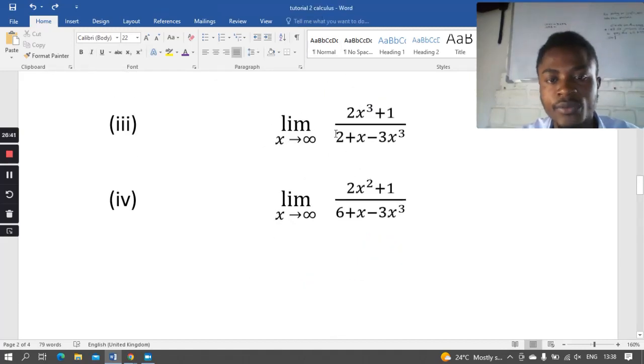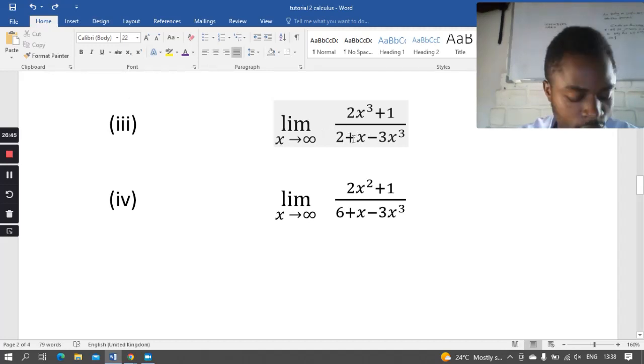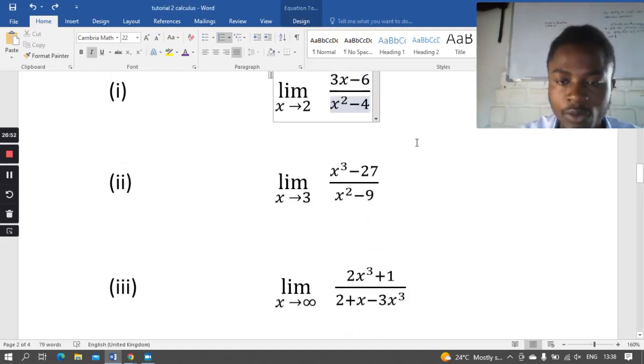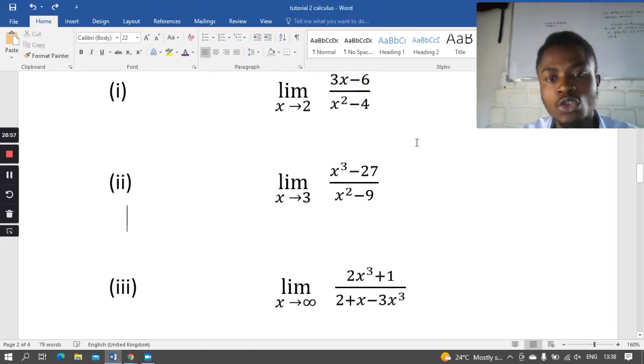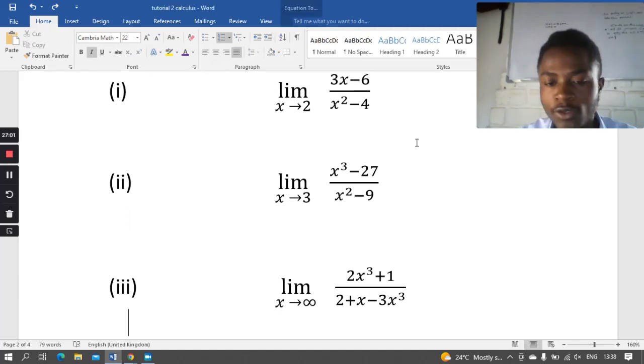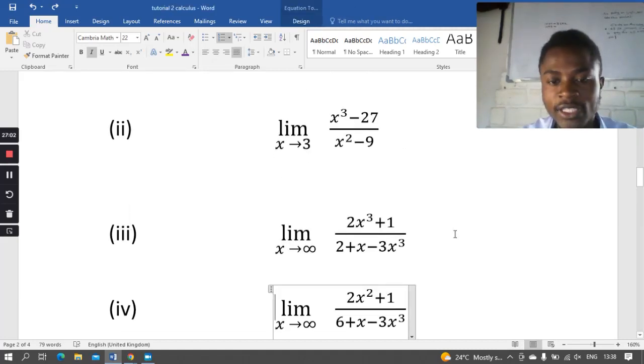Okay, so we have reached the infinity type. How we approached the first question is totally different from how we are going to approach this one. Two different things that we are going to do.